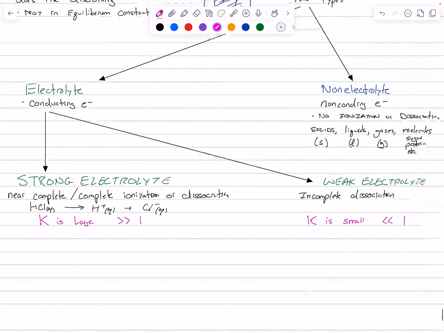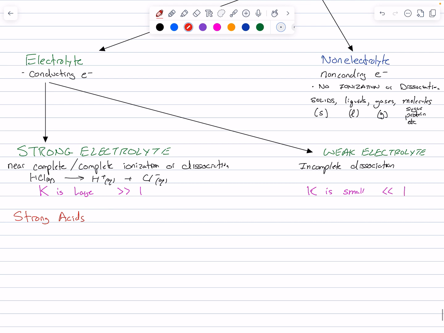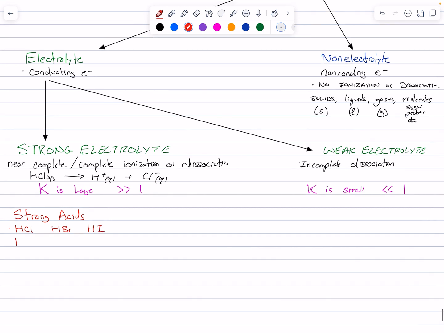So let's talk about what constitutes these. For strong electrolytes, you have strong acids. What are your strong acids? HCl, HBr, HI: hydrochloric, hydrobromic, hydroiodic. Sulfuric, nitric, perchloric, and chloric.